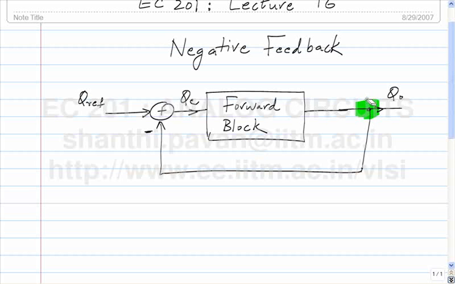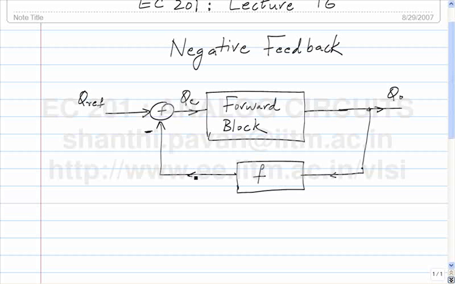Alright. In many cases, for example, what is compared is not just the output, but some function of the output. So instead of comparing the output directly, you can compare some fraction of the output. For example, if this is Q O, this quantity is F times Q output.